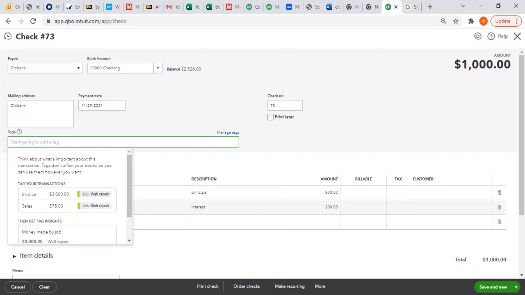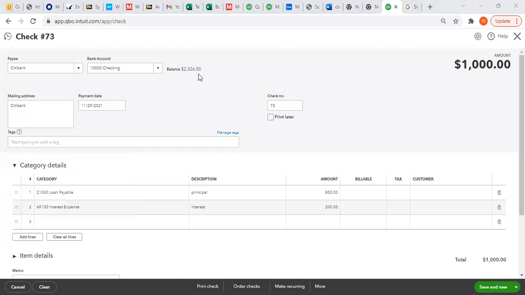On the top, you have 2326, and that's your checking account balance. The minute I say save and new, it's going to reduce the checking. Okay, so everybody understand that 1,000 is going to be reduced because you're saving the check of $1,000. 800 going to one line and 200 to the other. I had to split it.